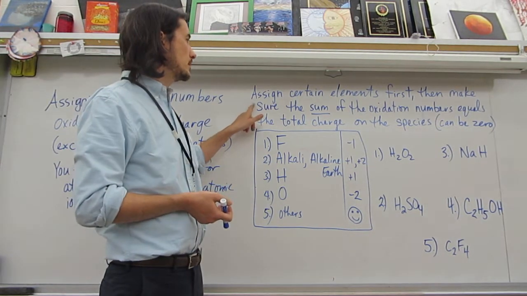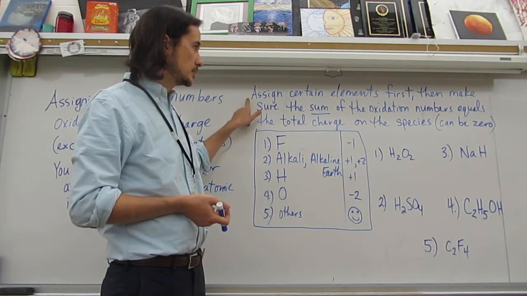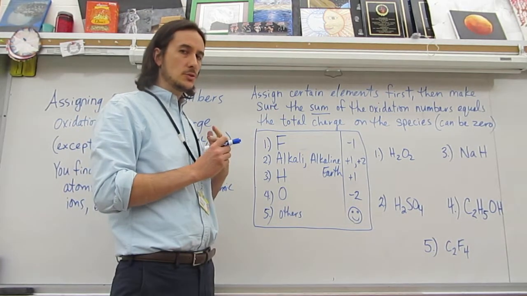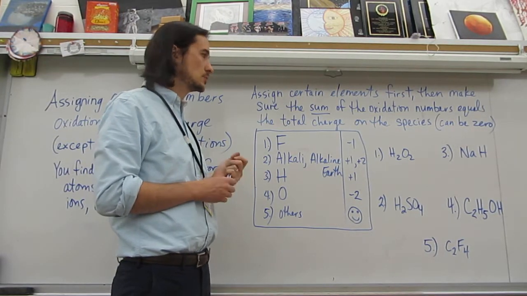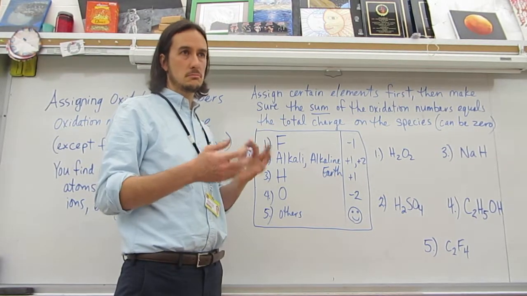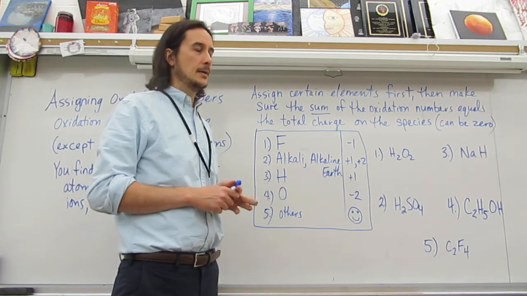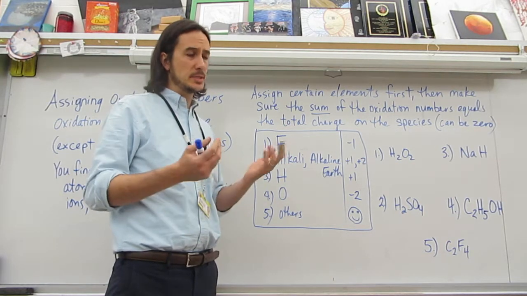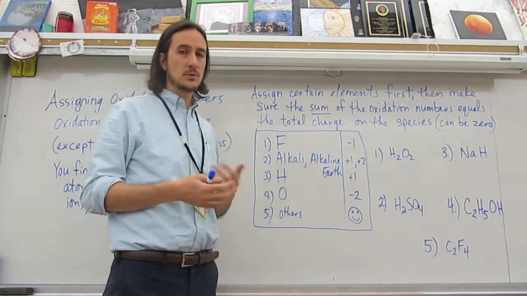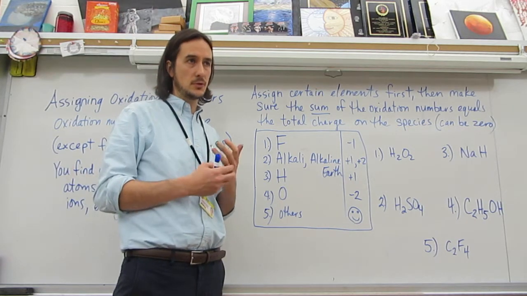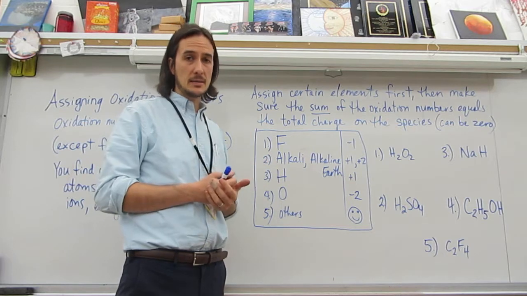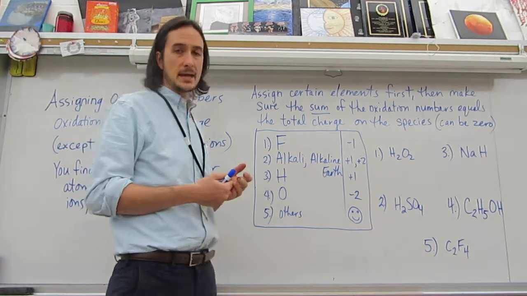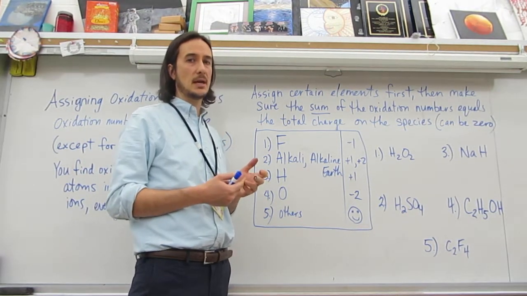So you assign certain elements first, then as long as the sum of the oxidation numbers equals the total charge, you are correct. It could be zero. If you have molecules, all of your oxidation states should add up to zero. If you have a polyatomic ion, then they should add up to whatever the charge on the polyatomic ion is.